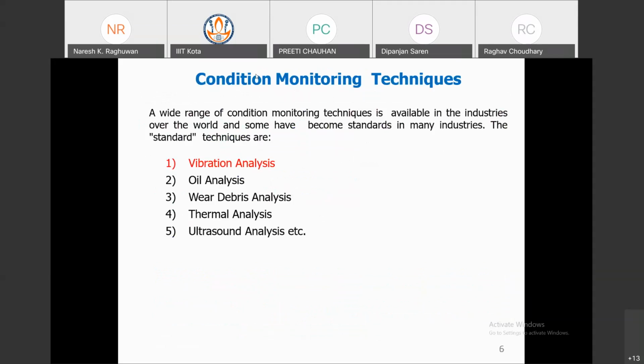In the next slide, condition monitoring techniques. A wide range of condition monitoring techniques is available in the industry. Some I have highlighted here: vibration analysis, oil analysis, wear debris analysis, thermal analysis, ultrasound analysis, and many more.